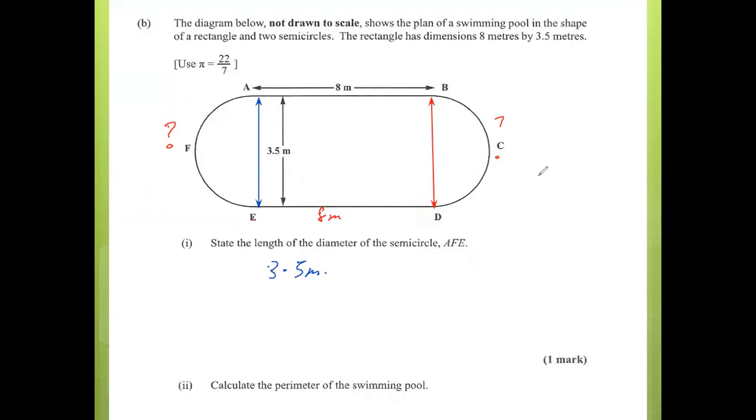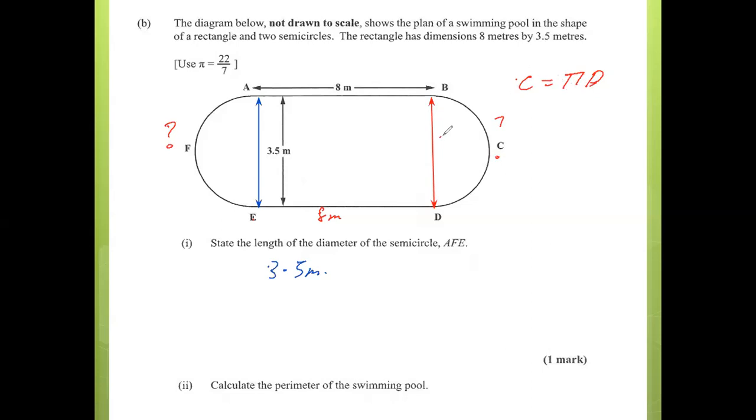So the question is this: which formula allows me to find the perimeter of a circle? Sir, is it pi d? Pi d, right? Circumference. So we need circumference of a circle, which is pi d.